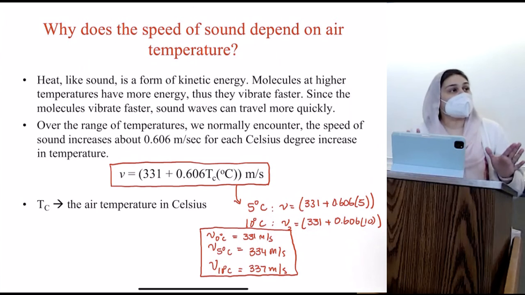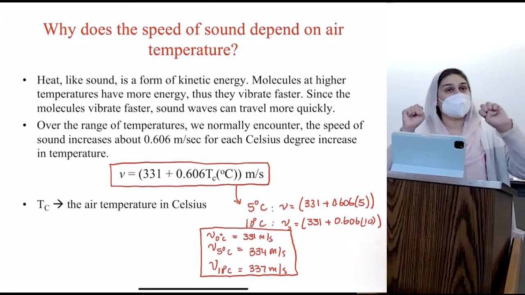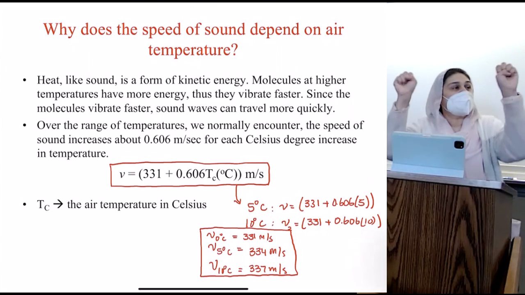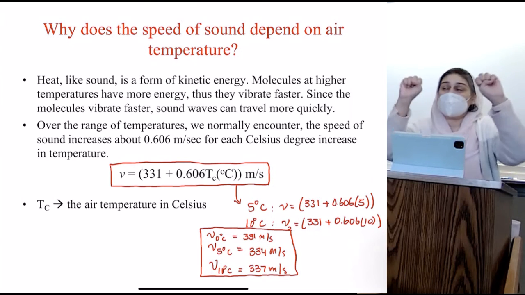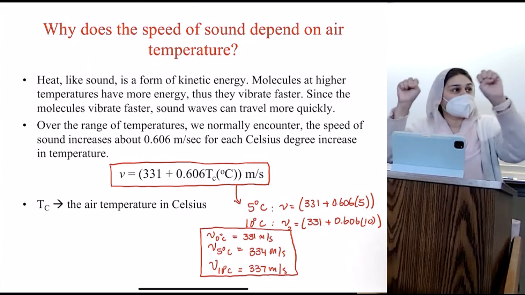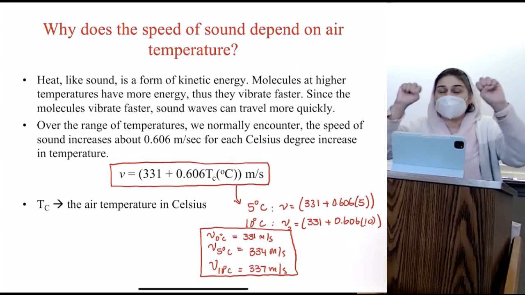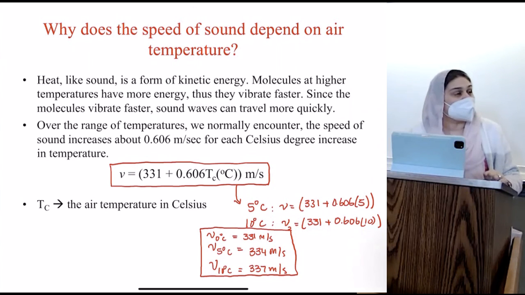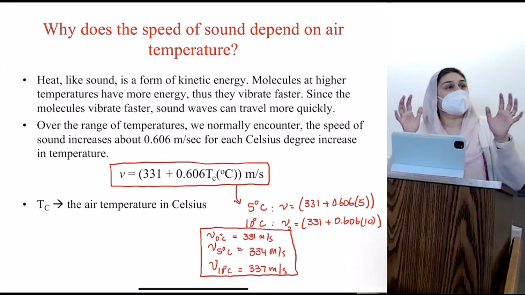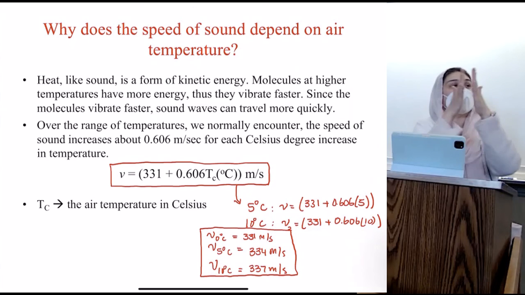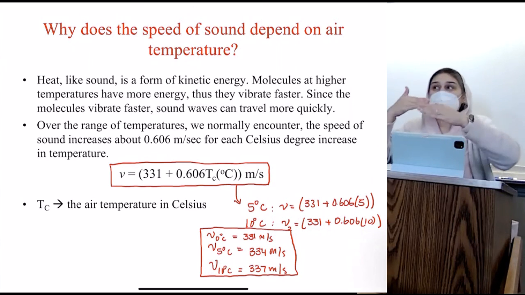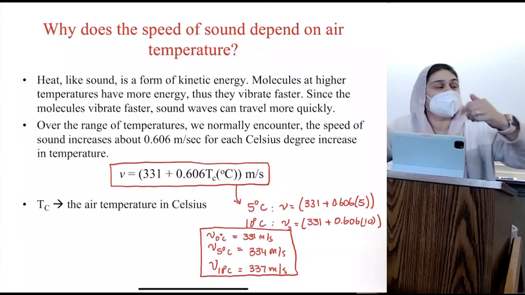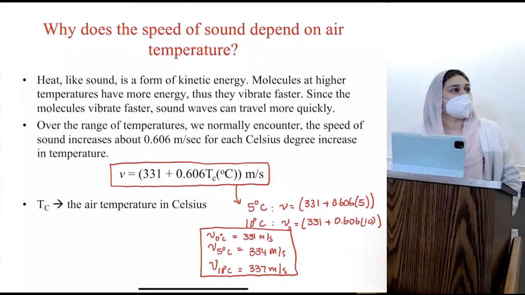That happens because as temperature increases, the vibrations increase. So the molecules vibrate faster. When molecules vibrate faster, they hit each other more. And so the sound has more distance that it can cover.